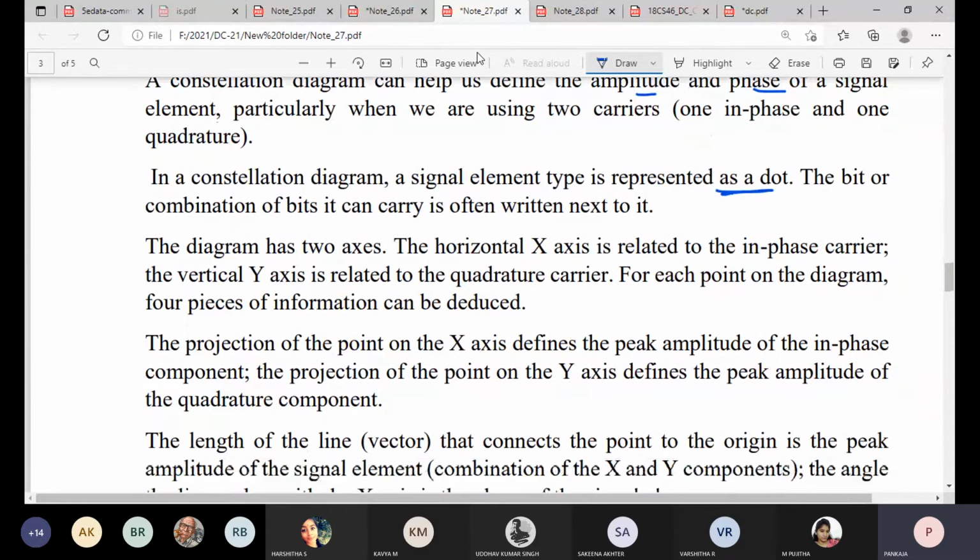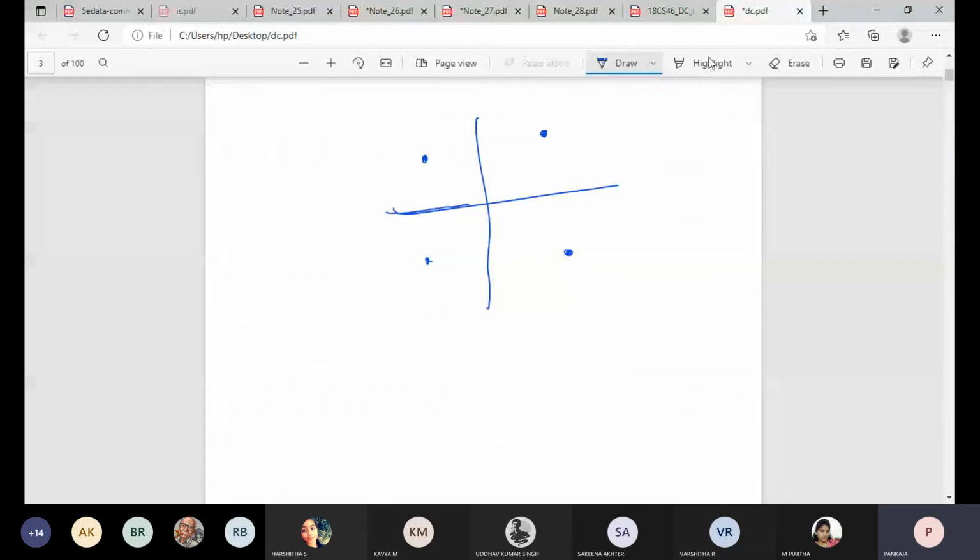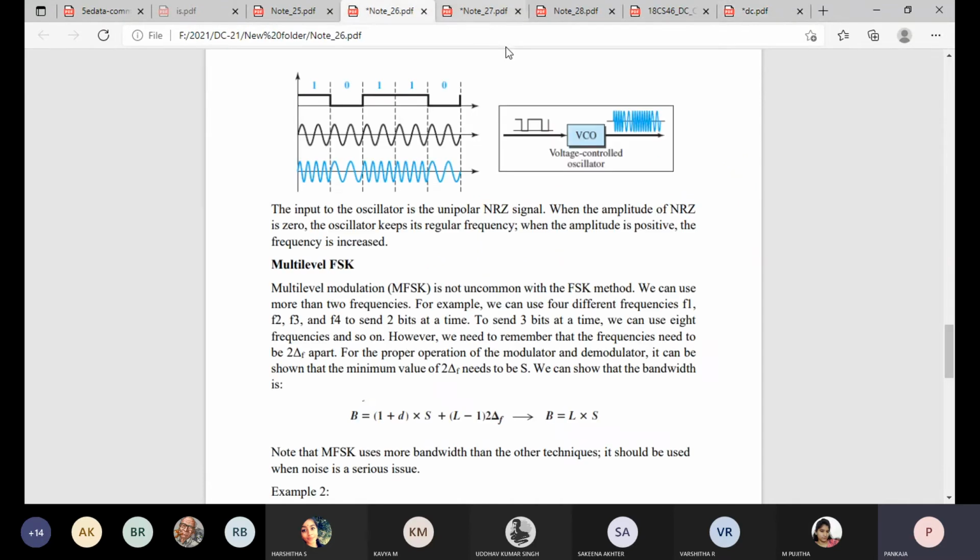So here the diagram mainly has two axes. The horizontal axis is related to the in-phase carrier. And we have the vertical axis, or y axis, which indicates the quadrature carrier.